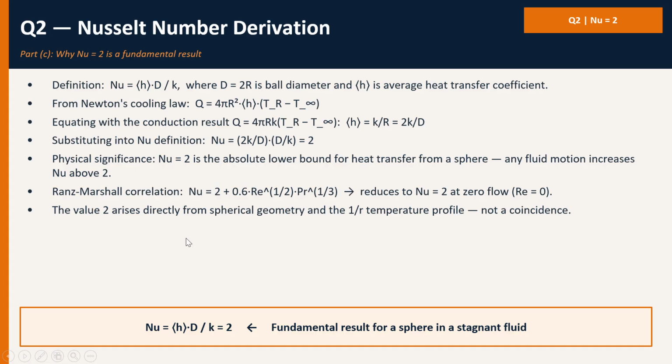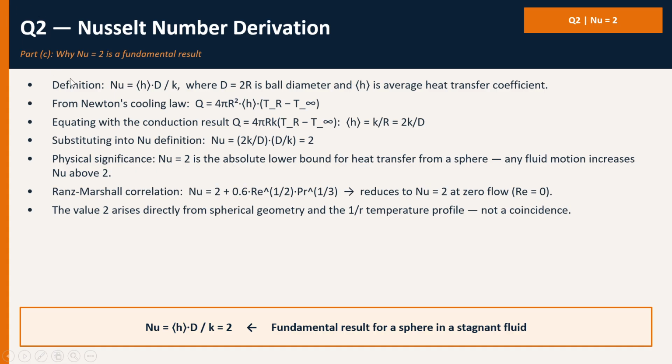Now we need to calculate the Nusselt number. By definition, the Nusselt number is the average heat transfer coefficient times diameter divided by the thermal conductivity K. From Newton's law of cooling, we have Q equals 4 pi R square into H into (TR minus T infinity).